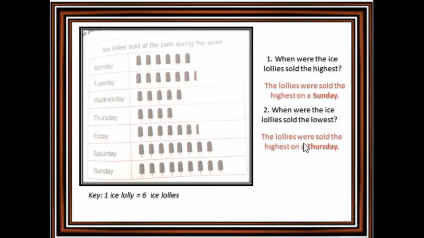The lollies were sold the lowest on a Thursday. How many? Let's count. 6, 12, 18, 24. Only 24 ice lollies were sold on a Thursday. Can you follow? Alright, very good.